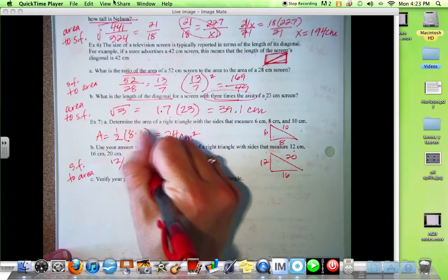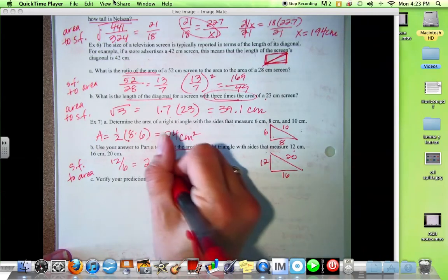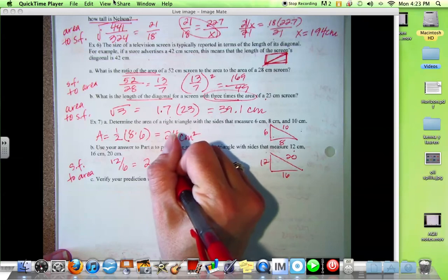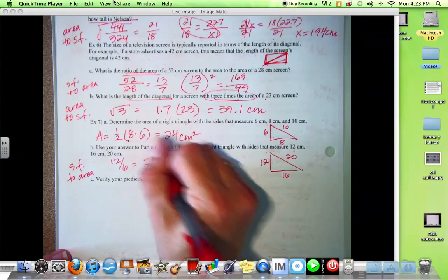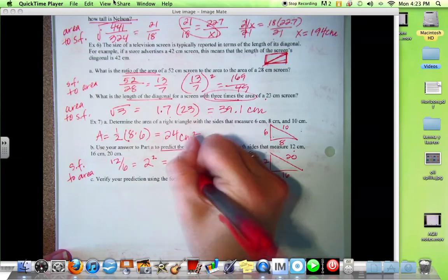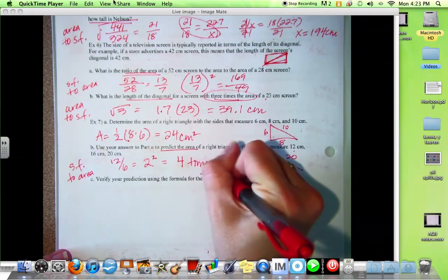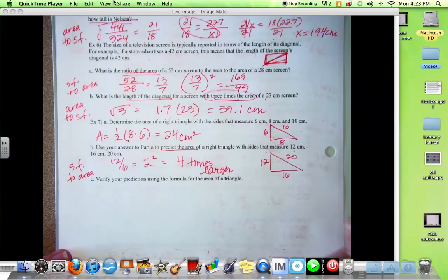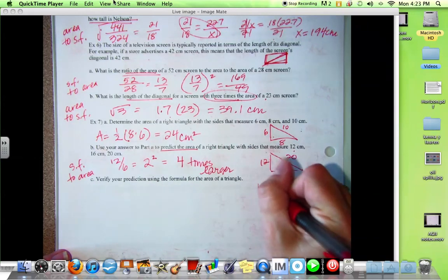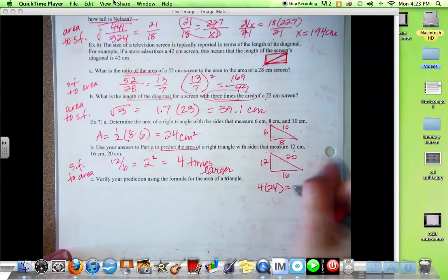That gives us a scale factor of 2. Once we square that, that's our ratio of areas, so it's 4 times larger. So 4 times 24 will give us a new area of 96 centimeters cubed.